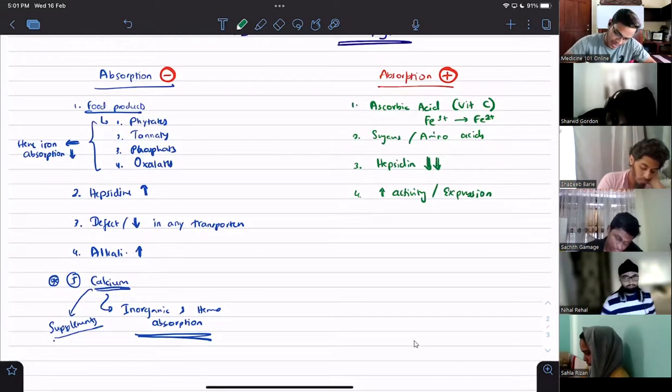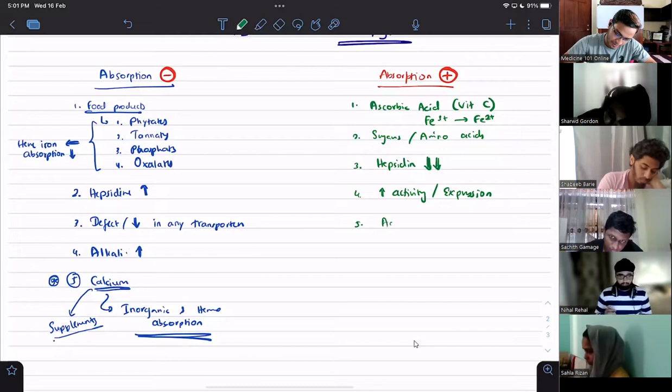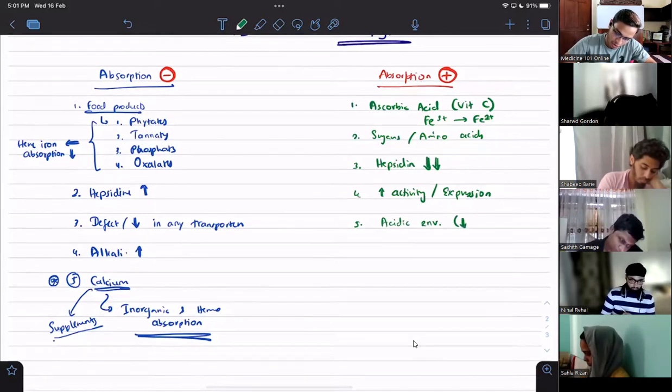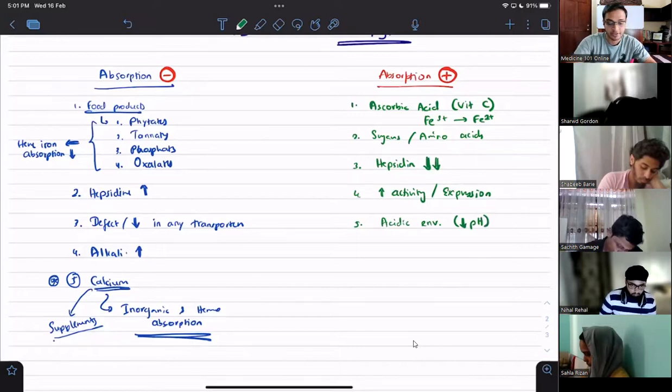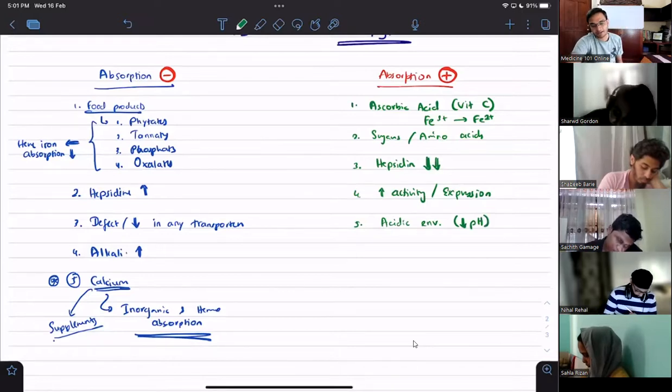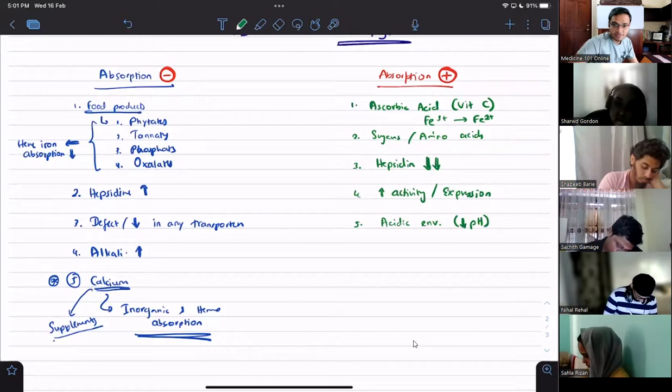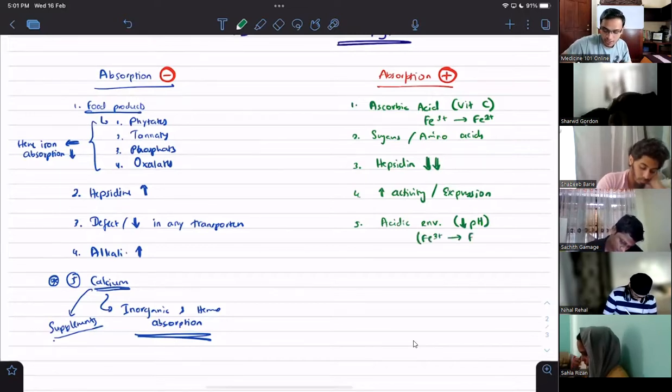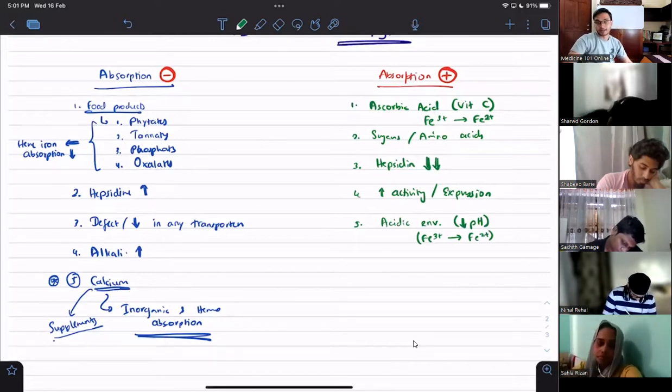Then acidic environments. This is basically low pH. In low pH, the conversion of Fe3+ to Fe2+ happens rapidly. Reduction of iron happens rapidly at lower pHs.